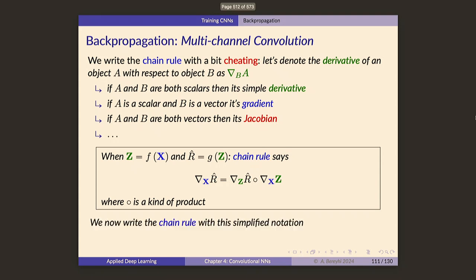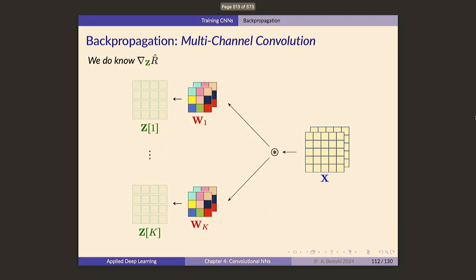Now, if you got the idea, let's look at this diagram once again. I do have the gradient with respect to z, meaning I have the gradient of the loss with respect to every single map at the output here. And what I want to compute is the gradient with respect to the input, correct?